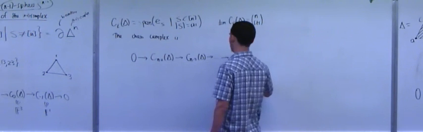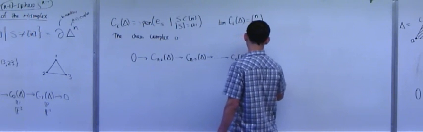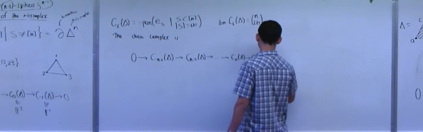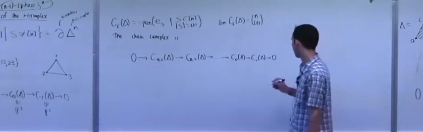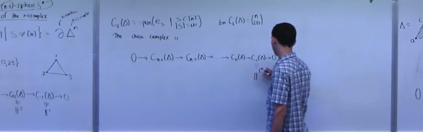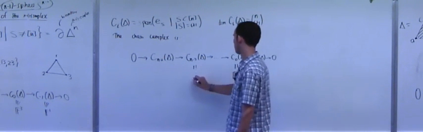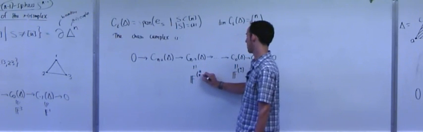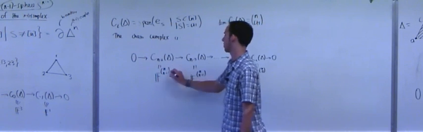We start with the n minus 2-dimensional faces. And so the complex looks like this. And like I said, this is F to the n choose 0. This is F to the n choose 1, F to the n choose 2. This is F to the n choose n minus 2. And this is F to the n choose n minus 1.